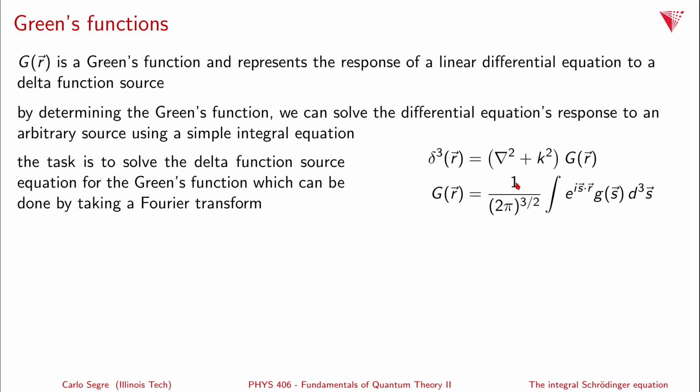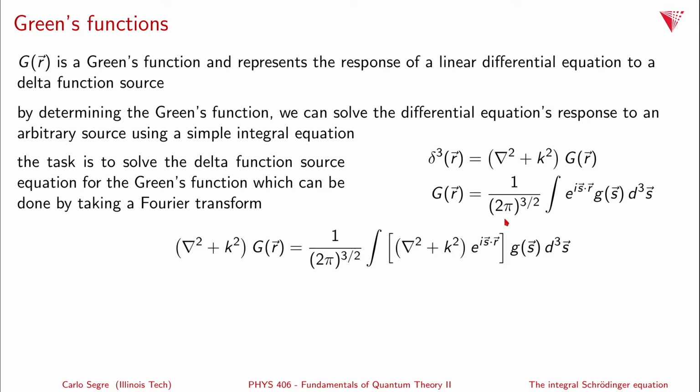So g of r is 1 over 2 pi to the 3 halves, because it's a three-dimensional function, times the integral of e to the i s dot r, g of s, d cubed s, integrated over s. And s is three-dimensional. It has s, theta sub s, and phi sub s.